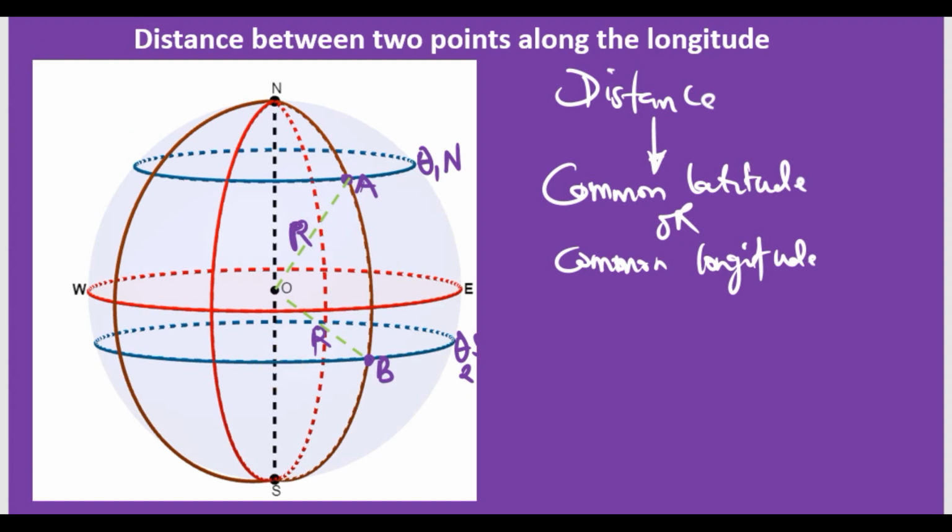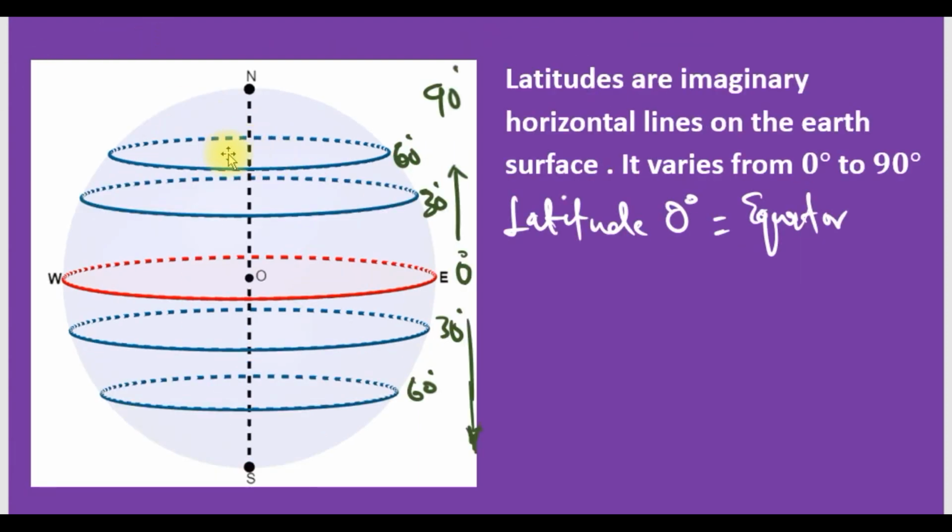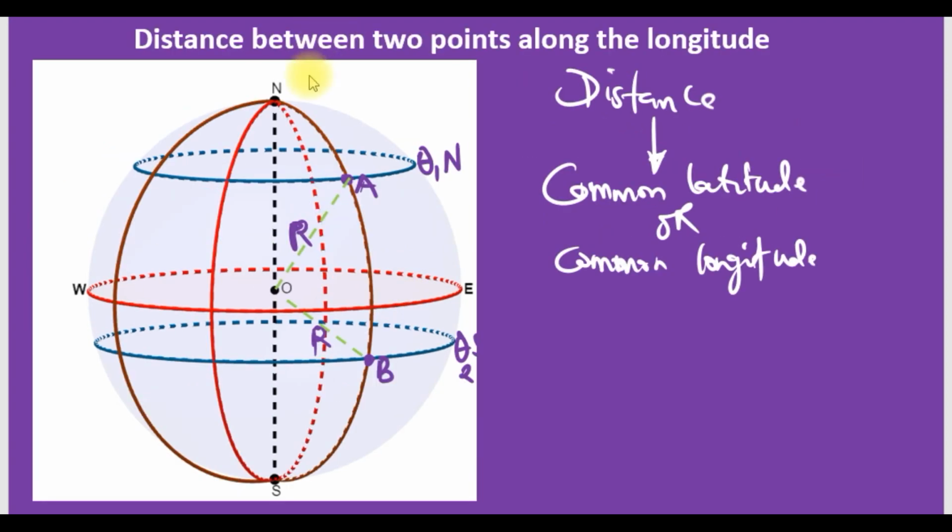But for latitude, I forgot to say that you notice that the radius is only at the equator, that the radius is the radius of the earth. Another thing we need to know is this angle, because for us to calculate the length of arc, we need the central angle.